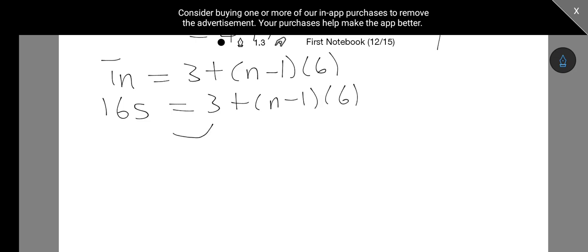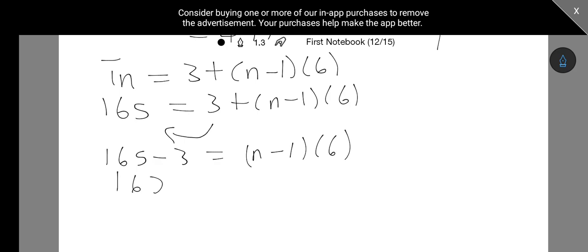We can take the 3 to the left side and say 165 minus 3, that is equal to n minus 1 times 6. 165 minus 3 gives us 162. And here we have to do the distribution property, that is 6 times n gives us 6n.